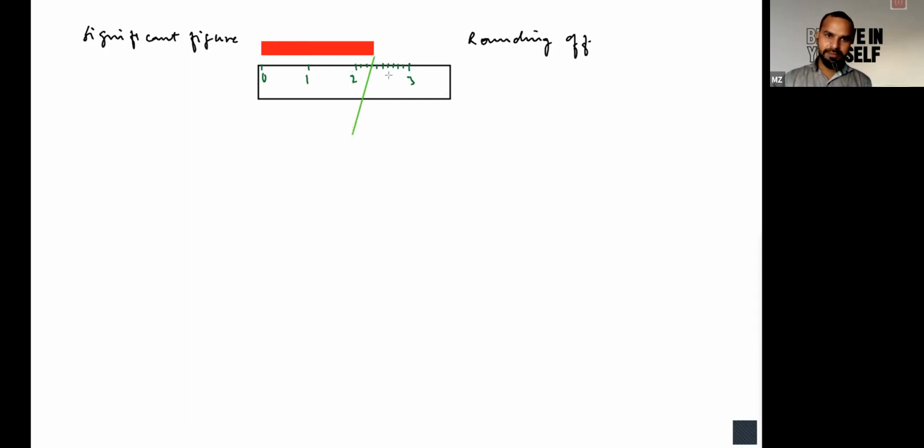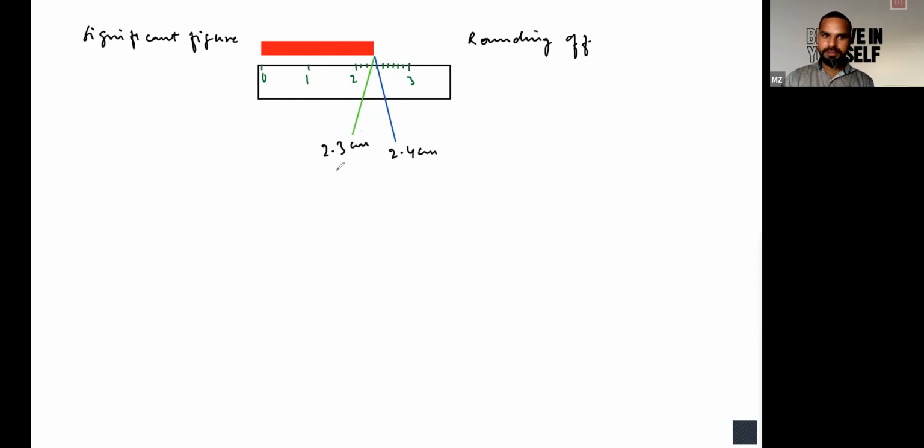If you observe the same reading from this side, you will observe it as 2.4. So the reading from these two observations would be 2.3 centimeter and 2.4 centimeter. Depending upon the observer, the numerical value for the measurement of this rod would vary.